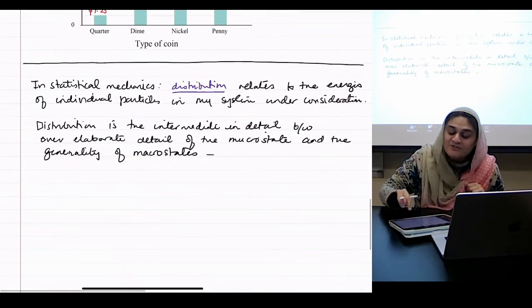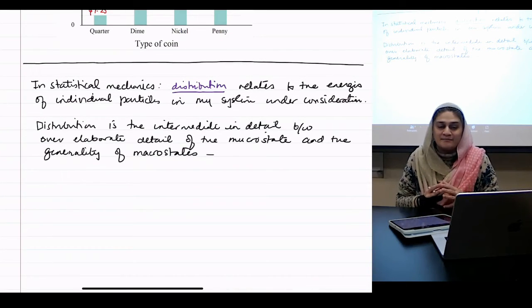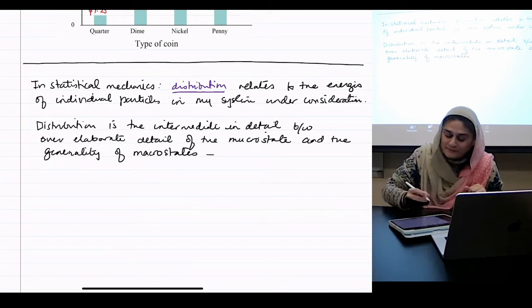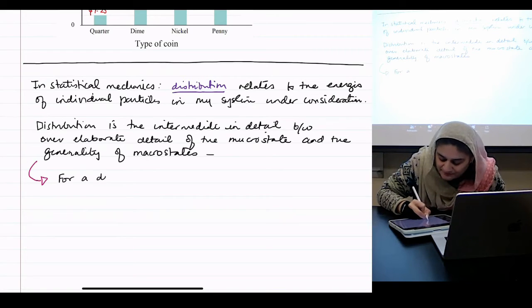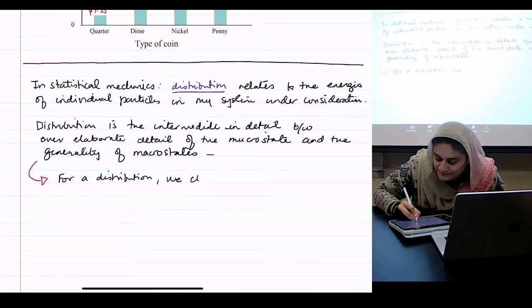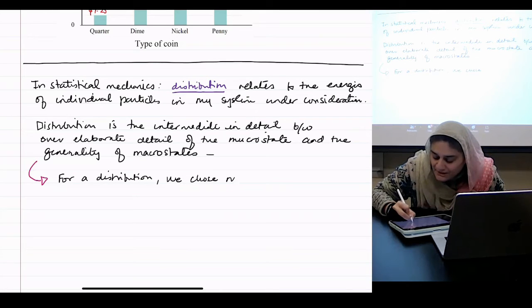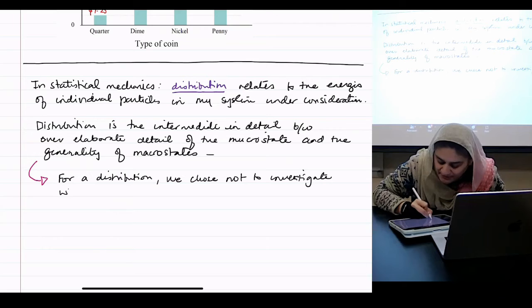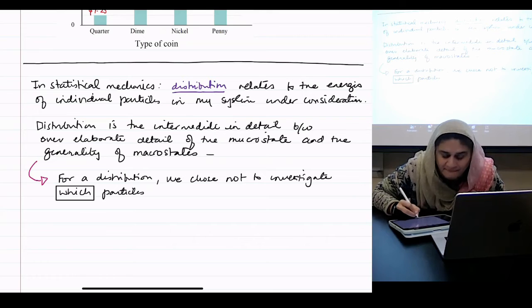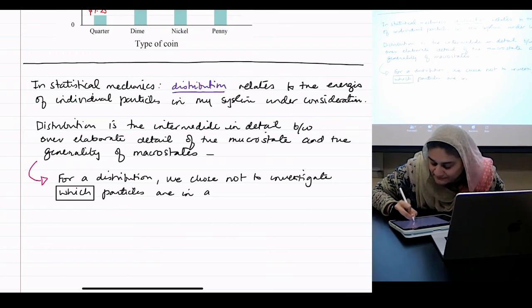So now in my distribution, I have to define things. For a distribution, we choose not to investigate which particles are in a particular state.